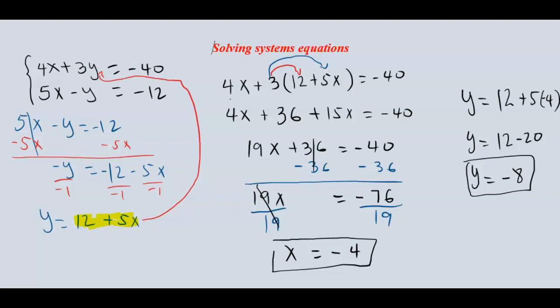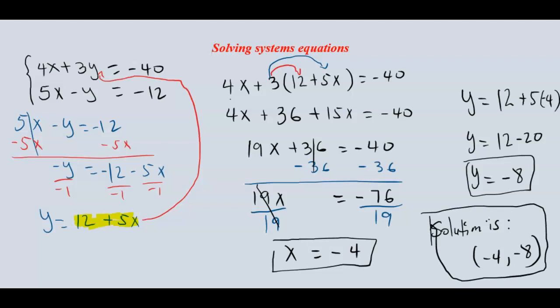Now, when you're writing your solution, you have to write the x value and the y value. Okay, so the solution is negative 4 for the x value, and then negative 8 for the y value. So that is the solution for that system.